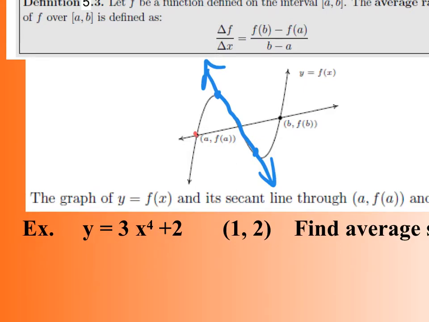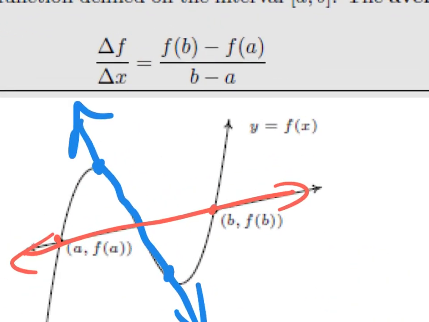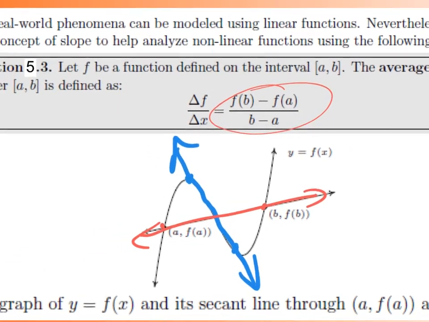They picked this spot and this spot, so then the slope would be a slight positive slope. What you can do is take all of the different points that you could have picked and average them up, and you can tell what the average slope of this would be.